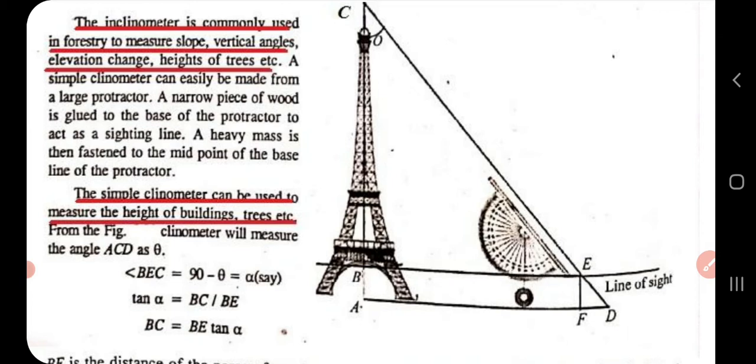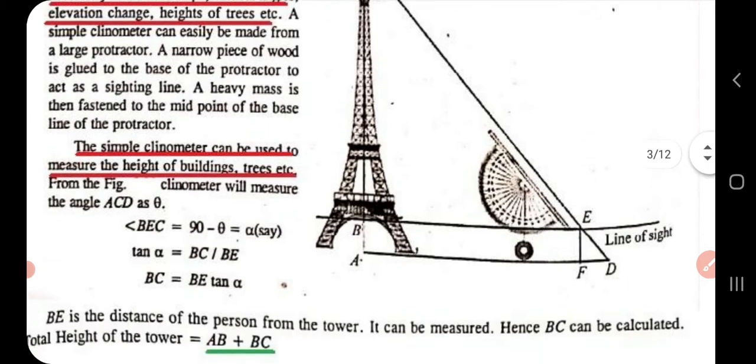Then what will be tan alpha from that triangle? Tan theta actually means what? Opposite side by adjacent side. So from this figure, tan alpha will be BC divided by BE. So BC will be BE tan alpha.